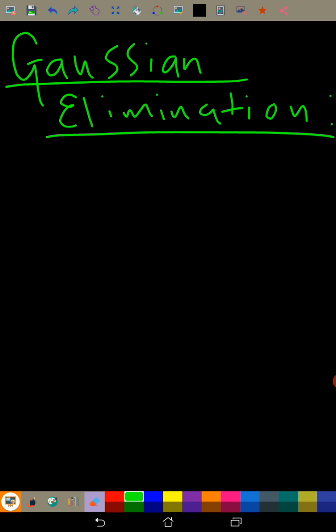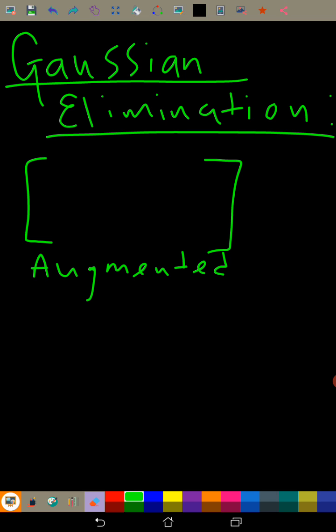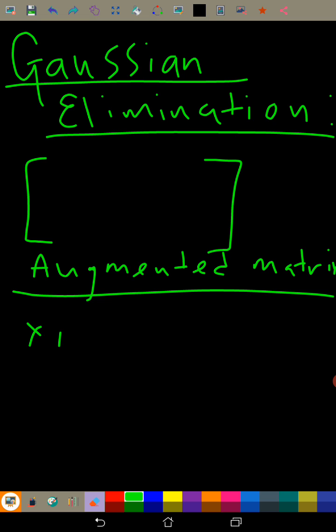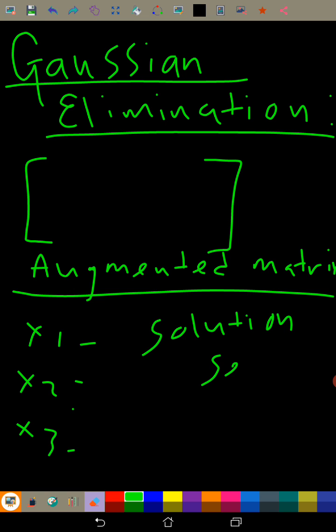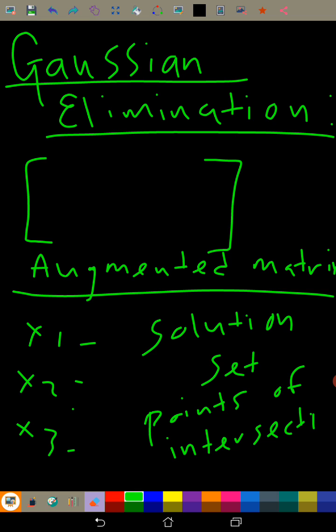So by using Gaussian elimination, remember you had your augmented matrix, and now you want to solve this to find the variables that are the solution set, the points of intersection of the lines of the equations.